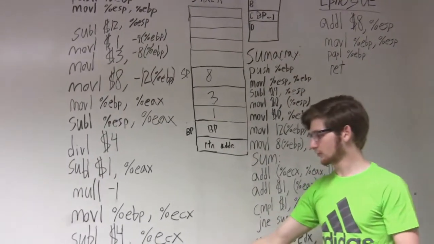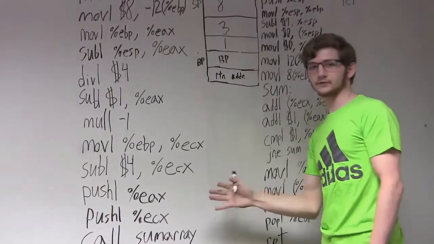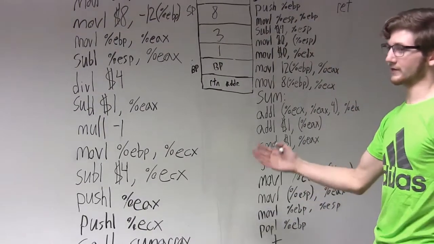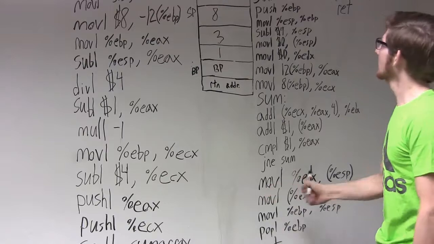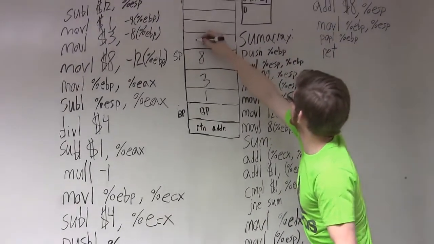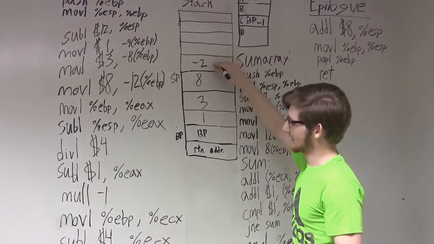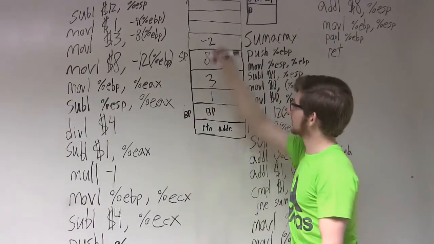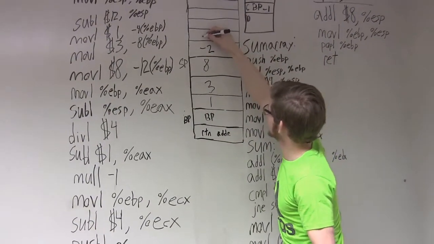We then push EAX because first in, last out, it is the number of integers, or the number of elements in the array. So we are pushing -2 onto the stack first, and then we push ECX. This gives us BP minus 1's address.